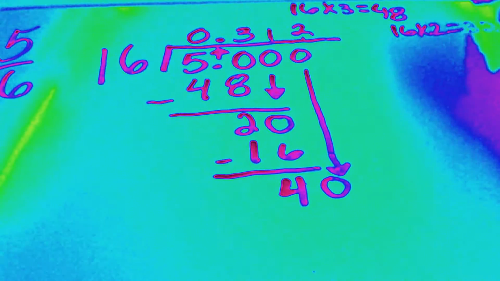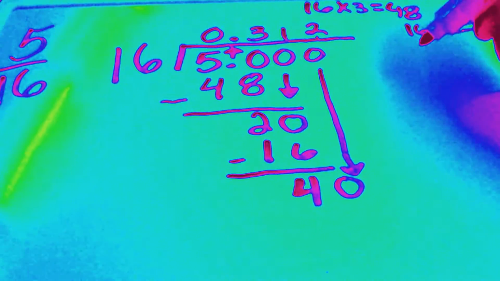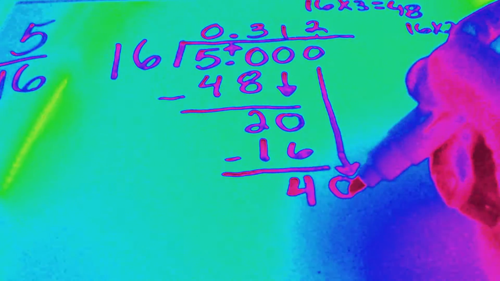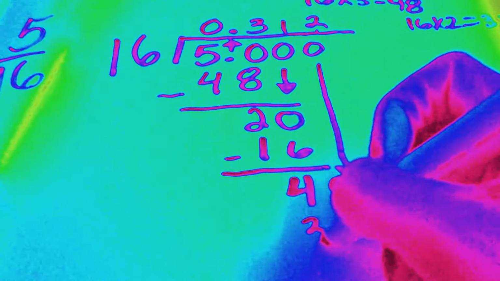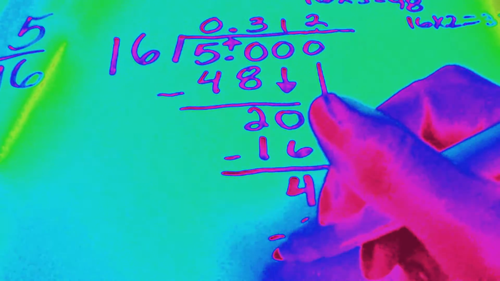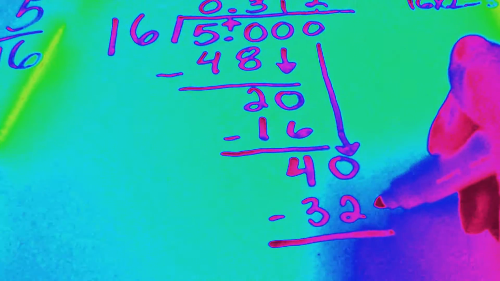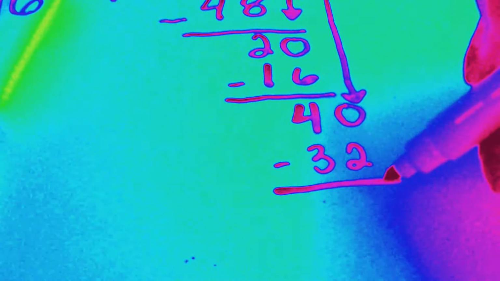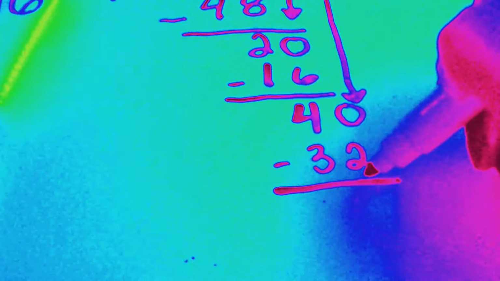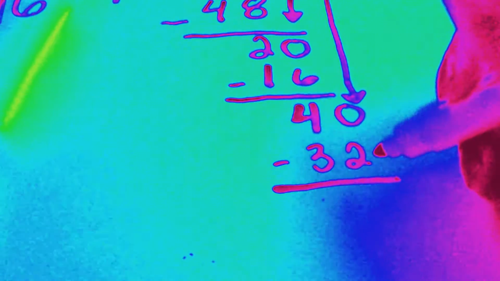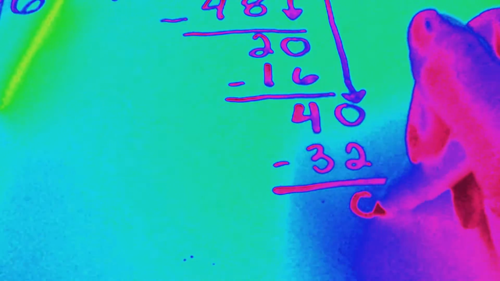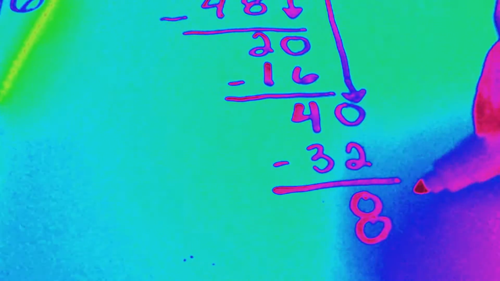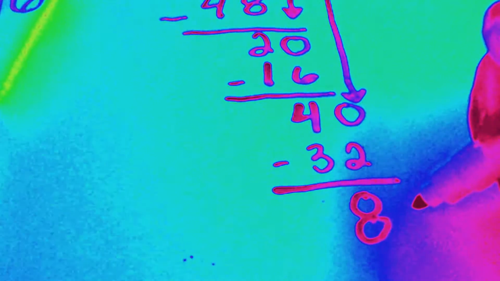Once again, you can do the math for this, guys. This is just something that I already know. 16 times 2 is 32. So what do we need to do down here? We need to do the math. Okay, so we have 40 minus 32. 40 minus 32 is what? You guys can subtract. It's 8. It's 8 now. Okay, we're still not done.